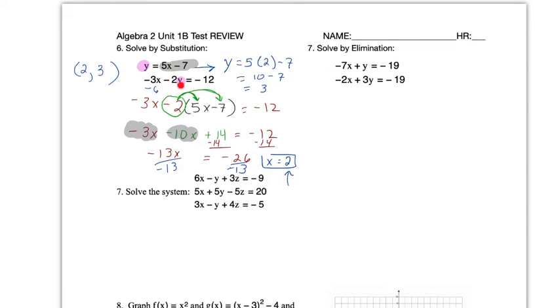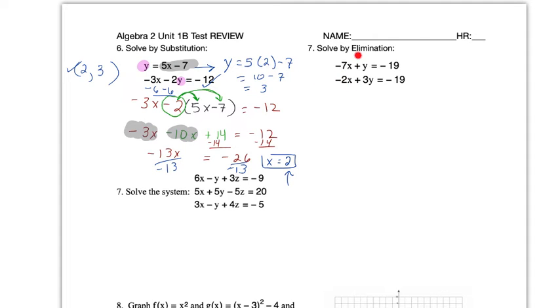If I put a 3 in for y, this would be -2 times 3. That'd be -6 also. And -6 minus -6 does equal, or -6 does equal -12. So I've checked it in both equations. I put the 2 into the first one, out came a 3. I plugged 2 and 3 into the second one, and it made it true. So I know it's a solution to both.